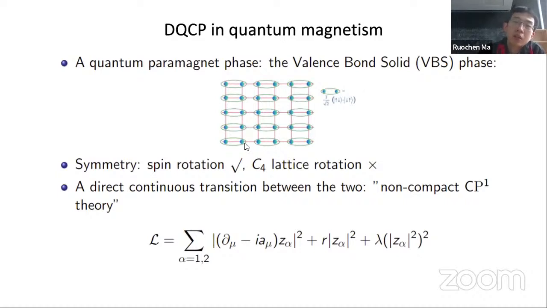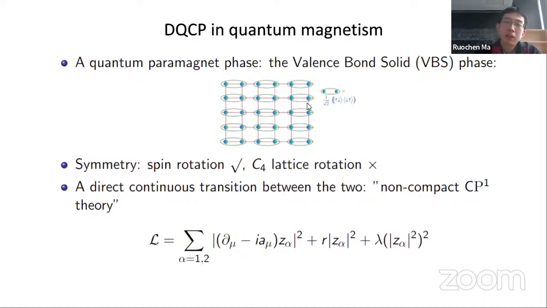You can look at the diagram and convince yourself that here the spin symmetry is intact, since a singlet is invariant under spin rotation, but the lattice rotation symmetry C4 is broken to nothing. At each lattice site, you have to choose one out of the four directions to form a singlet.